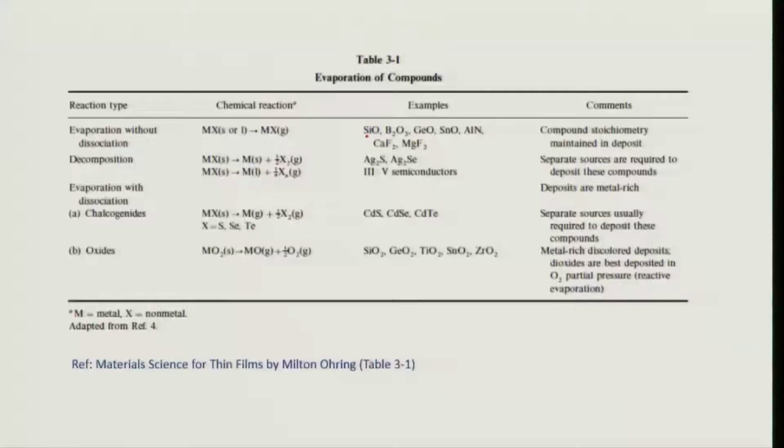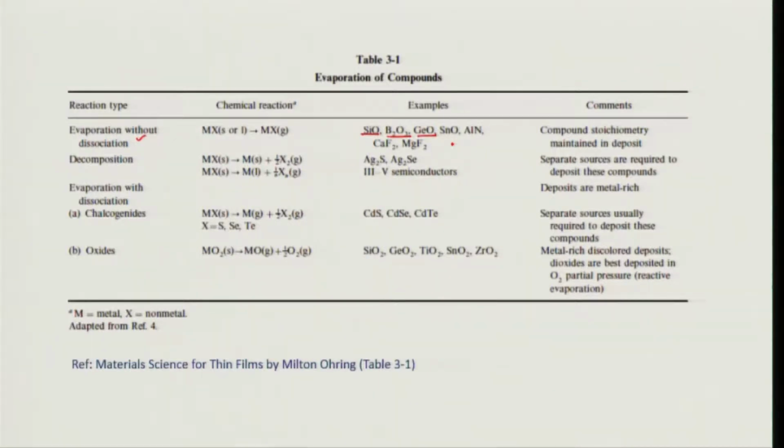For example, silicon oxide, boron oxide, germanium oxide, etc., will go into the gas phase as the compound without dissociation. Okay. So, you can also use these materials if you want to deposit, say, SiO or boron oxide. Okay. And if you get enough vapor pressure at suitable temperatures.